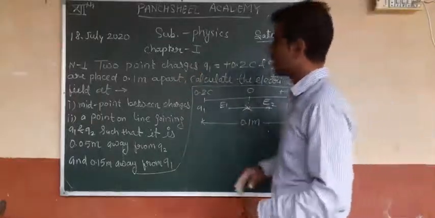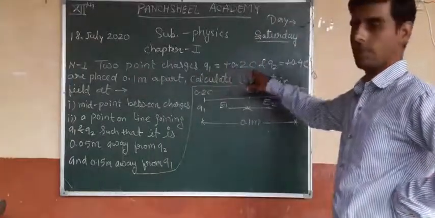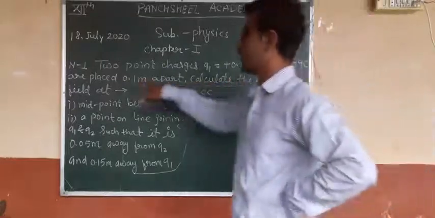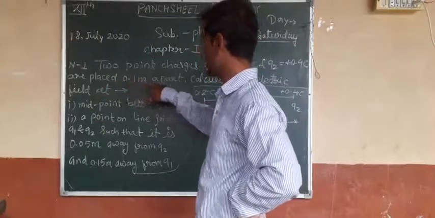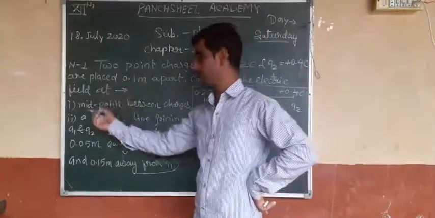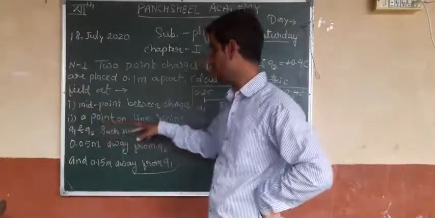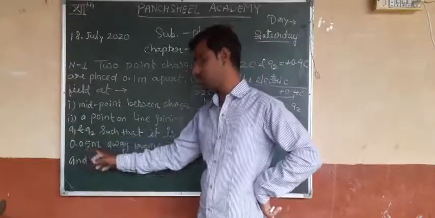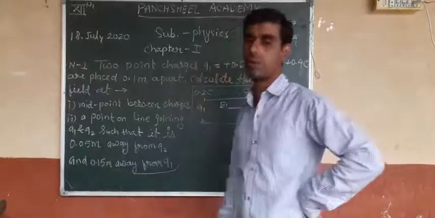Two point charges Q1 equal to 0.2 coulomb and Q2 equal to plus 0.4 coulomb are placed 0.1 meter apart. Calculate the electric field at first, the midpoint between charges. Second, a point on the line joining Q1 and Q2 such that it is 0.05 meter away from Q2 and 0.15 meter away from Q1.